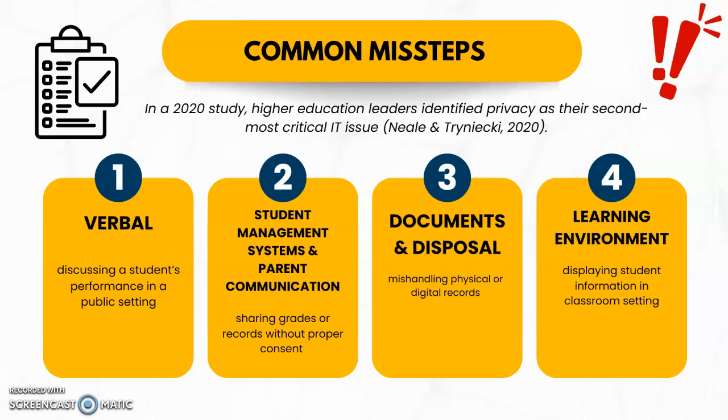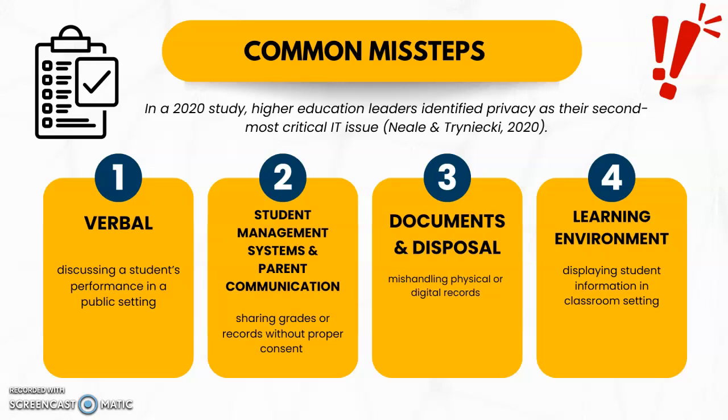Another big one is student management systems and our parent communications, and making sure that if we are obtaining information from Skyward on students, that we are looking carefully at who does have permission to be communicated with regarding that student and their individual progress. A lot of our families are non-traditional families where we may have multiple families attached to the same student because of divorce, remarriages, maybe the student is not living with biological parents, maybe they have a guardian.